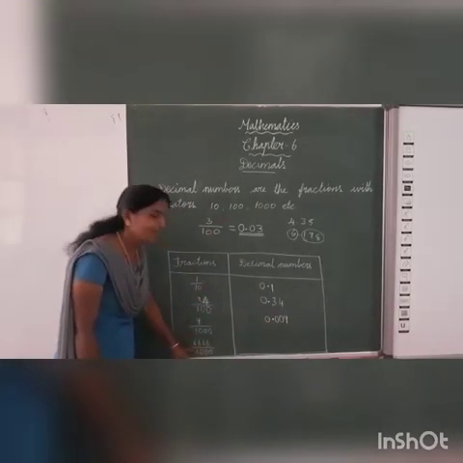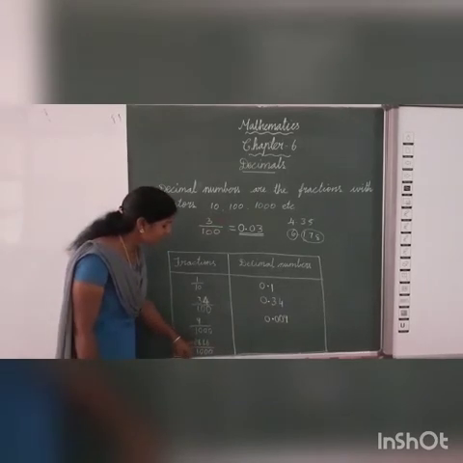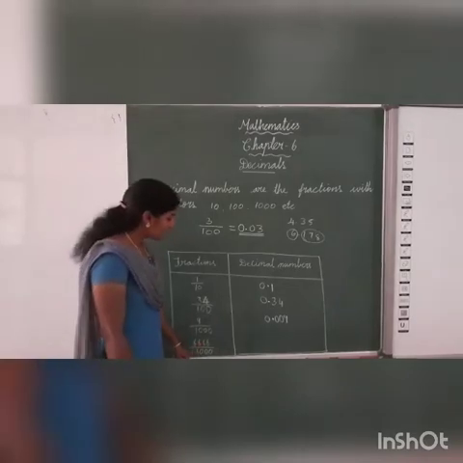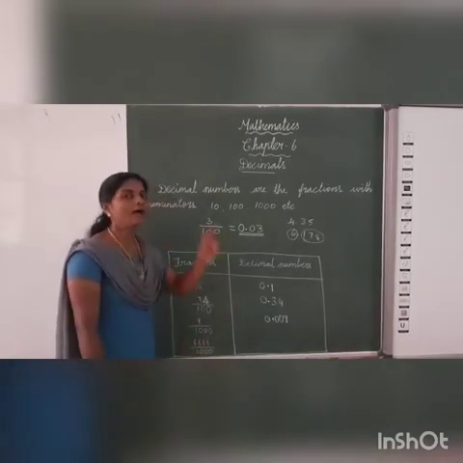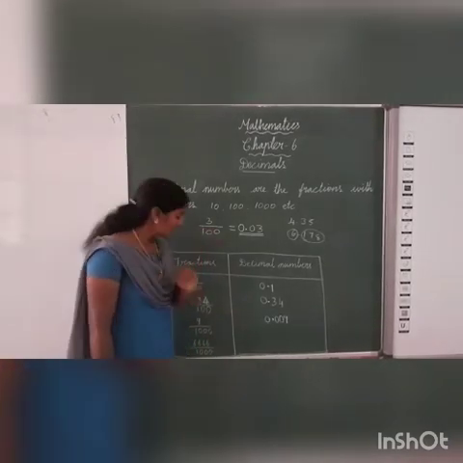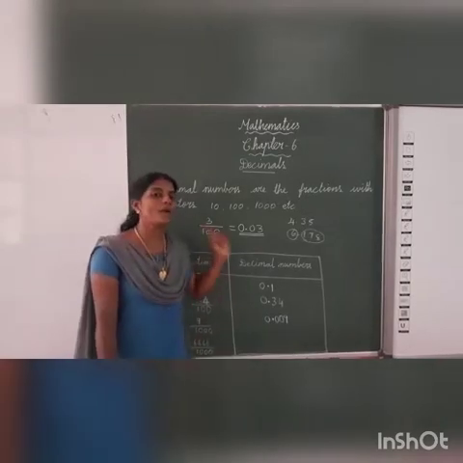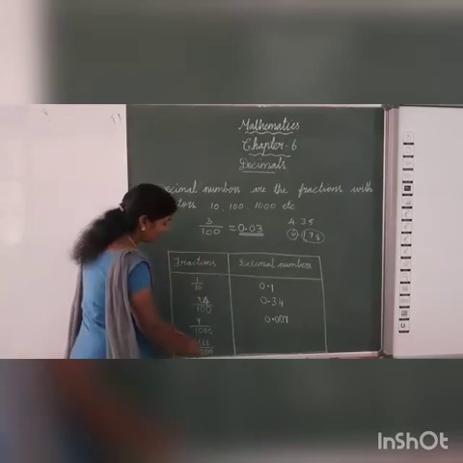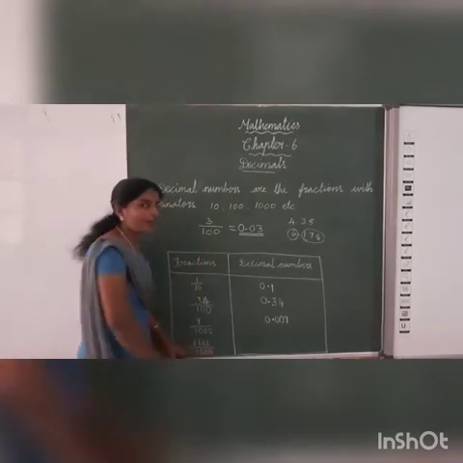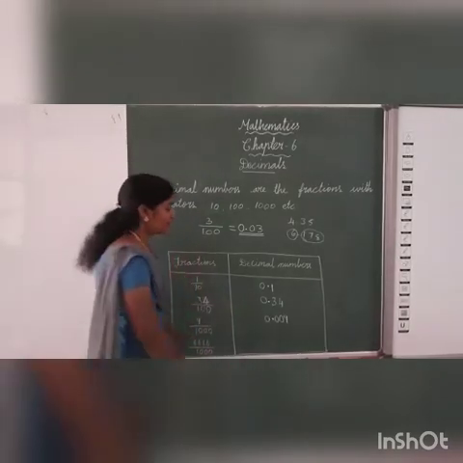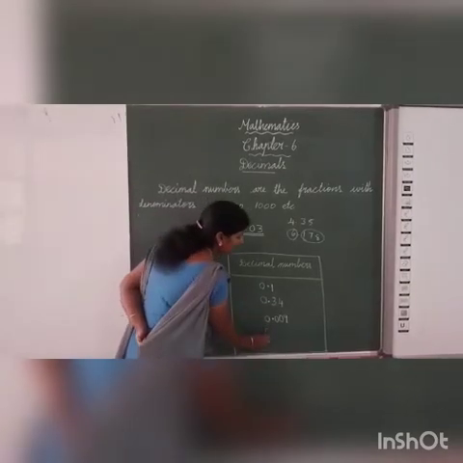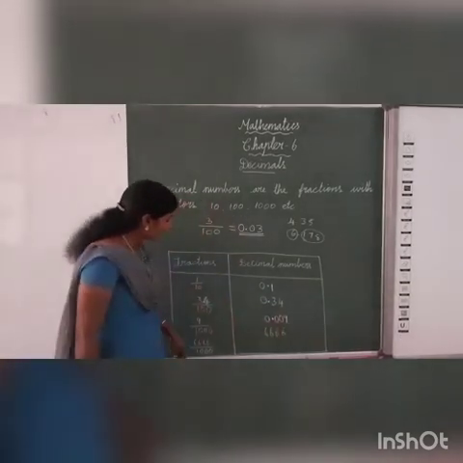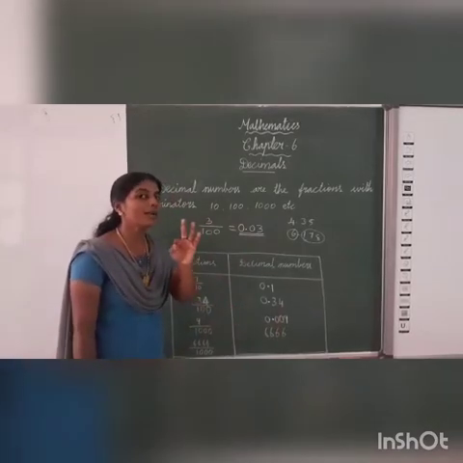Now 6666 divided by 1000. After the 1 we have 3 zeros. So after the decimal point we need 3 digits. Already we have 4 digits in the numerator. Listen, 6666. After the decimal point we need only 3 digits.